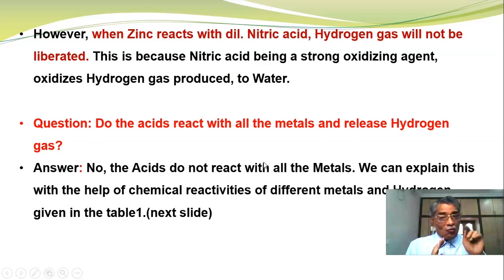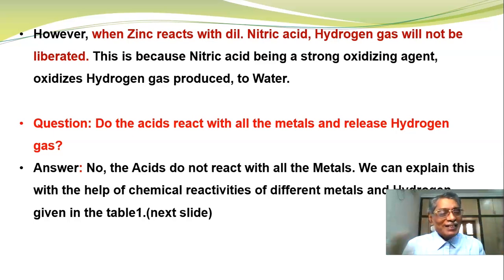However, when zinc reacts with dilute nitric acid, hydrogen gas will not be liberated. Why? This is because nitric acid is an oxidizing agent. As soon as hydrogen gas is produced, this nitric acid oxidizes that hydrogen gas to water.